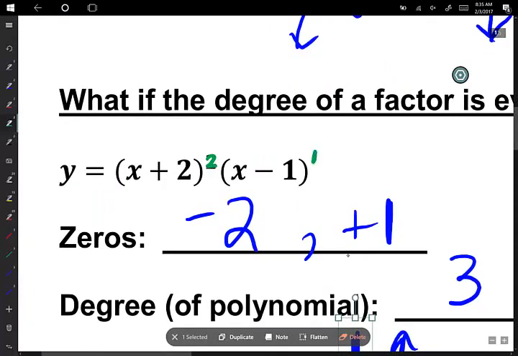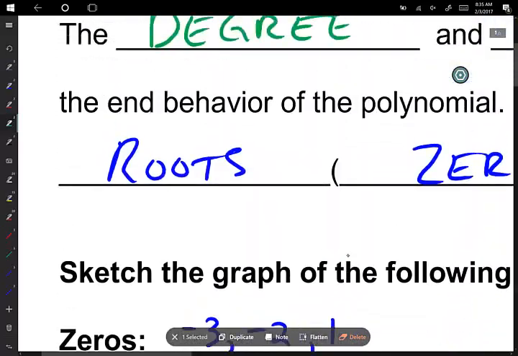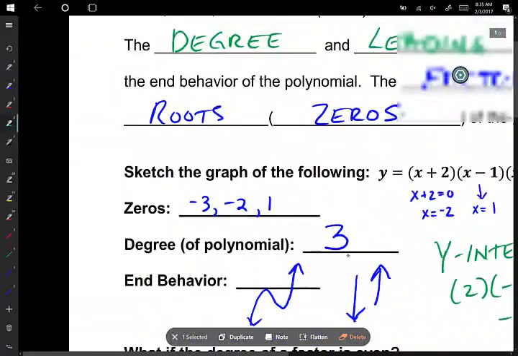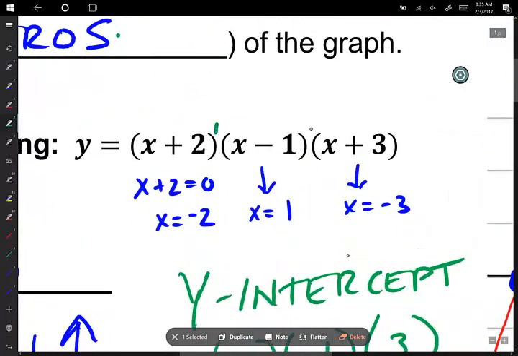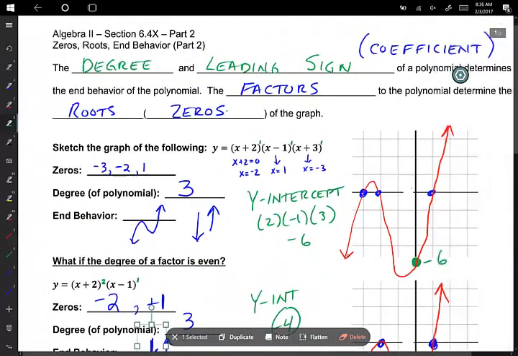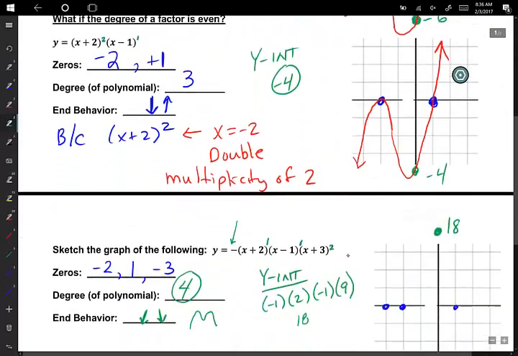X minus 1 is 1, so my degree is 3. If we come up top even further, x plus 1, there's 1, there's 2, there's 3. Make sense? That would be a very important key to dropping this down.